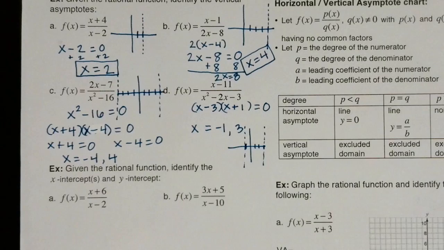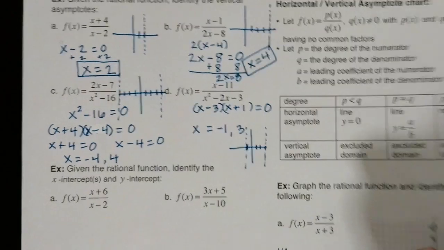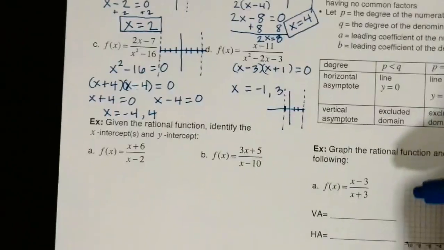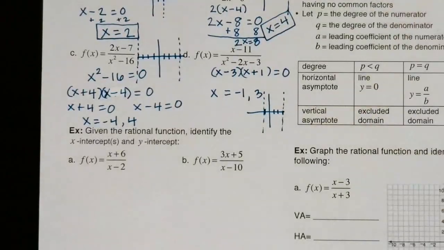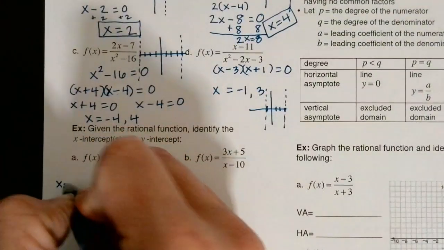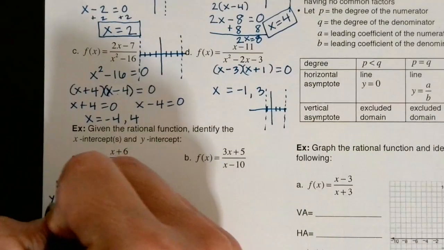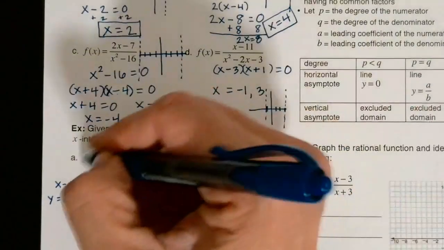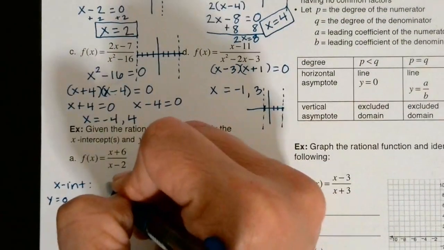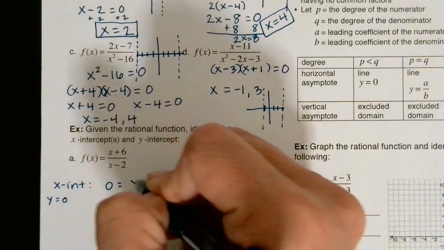So that leads us to the next thing. The two easiest types of points to find in math are the intercepts. So we have the x-intercept and the y-intercept. So if you're solving for the x-intercept, that means y equals 0. So you take the function, which is y, and set it equal to 0.